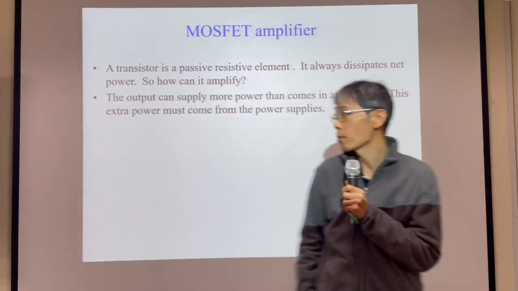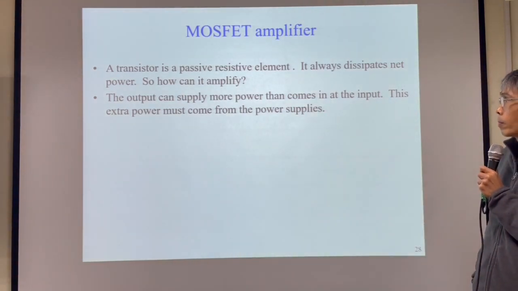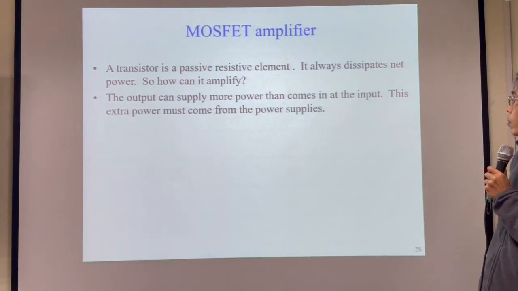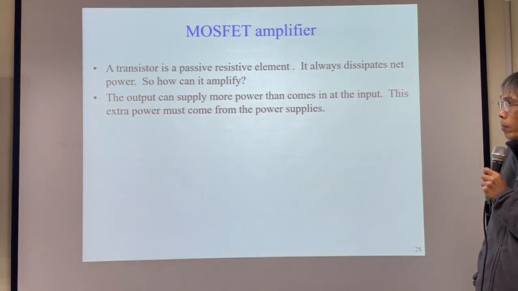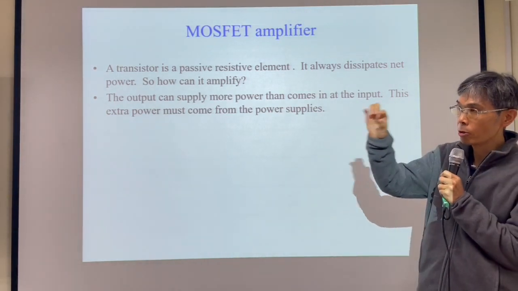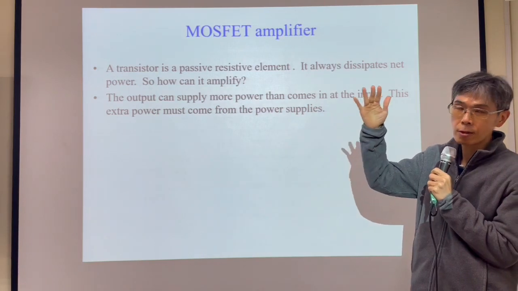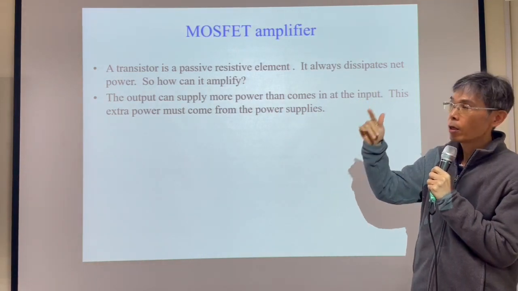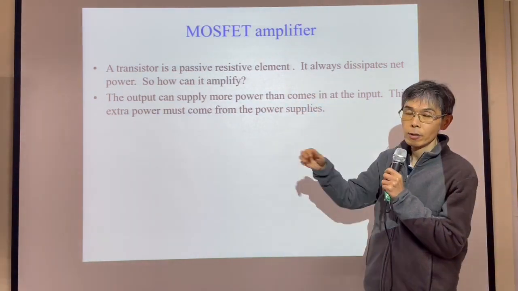Deepa, could you read this? A transistor is a passive resistive element. It always dissipates net power. So how can I amplify? Okay. Because we have an N channel, and electrons flow through it, so it's a resistor. A resistor dissipates power.